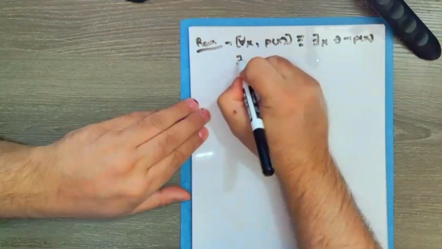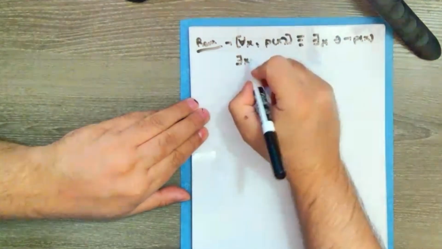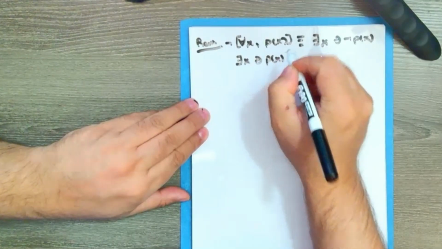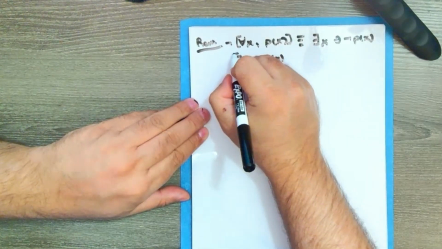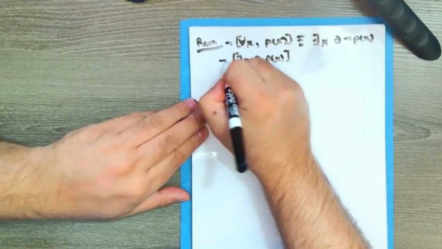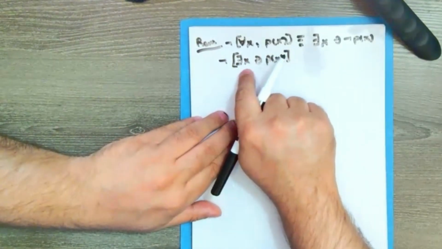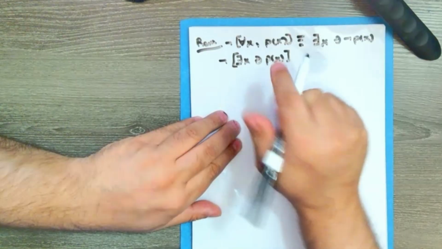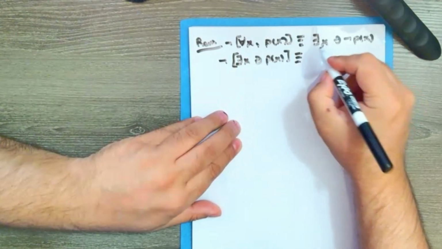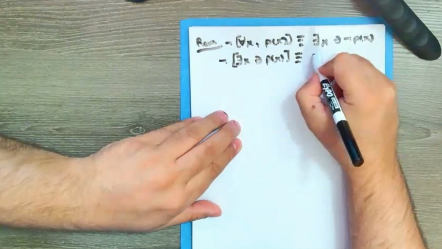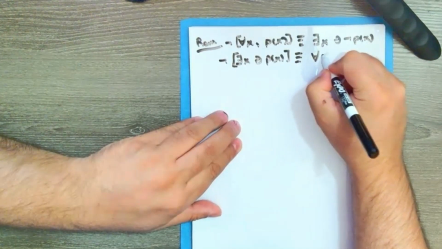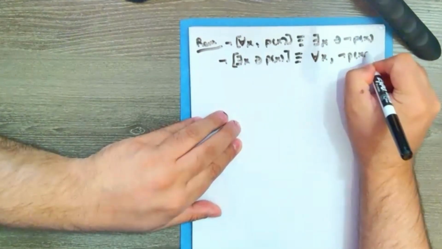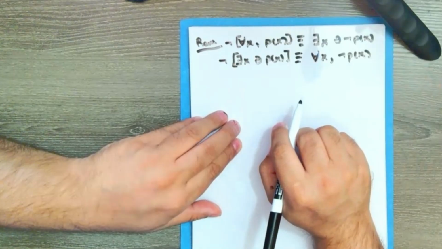And if we look at the statement, there exists at least one element x such that a given statement is true, and we think about the negation of that statement, it is not true that there exists at least one element x such that p of x is true. That is logically equivalent to the statement that for every element x, the property p of x is not true.